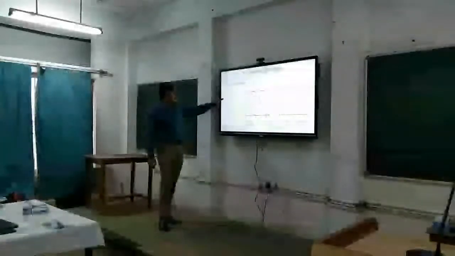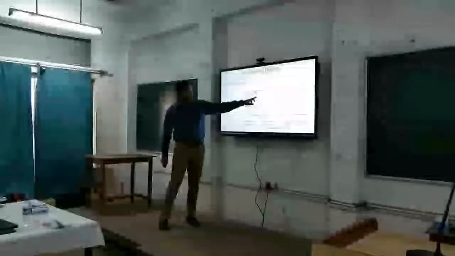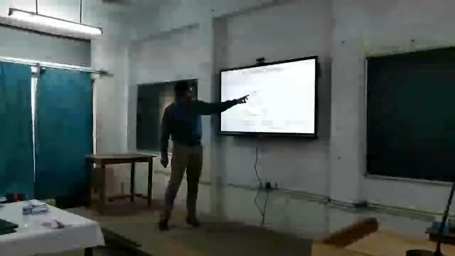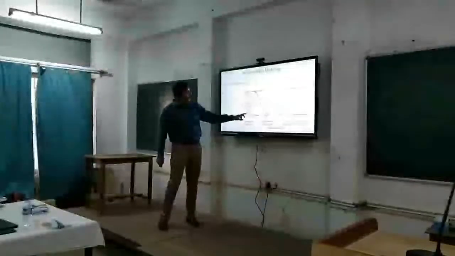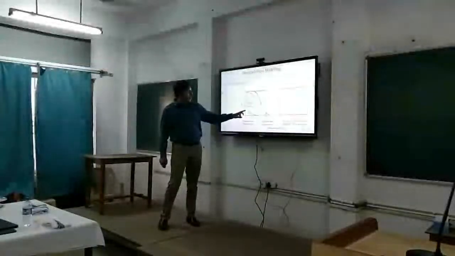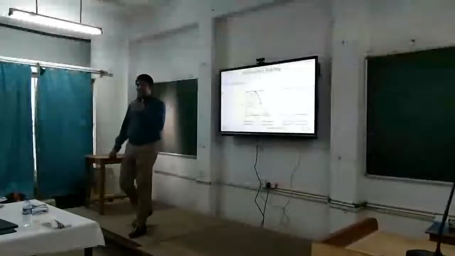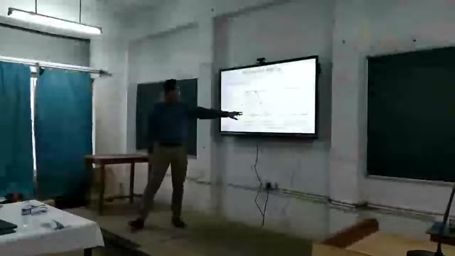So this is the inhalation peak. This is the end of inhalation. This is the exhalation peak and end of exhalation. So you can understand that what is getting transported into the lung, most of it gets washed out.